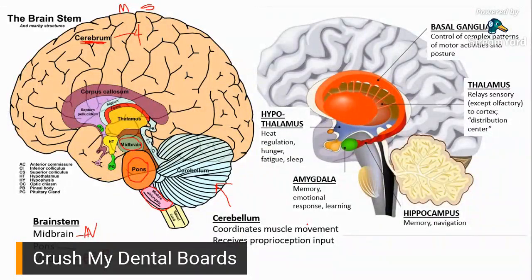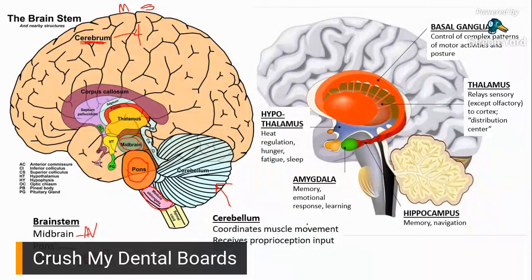It's also the one that receives proprioception input. Sinabi ko na to before. Ano ibig sabihin ng proprioception? Proprioception is knowing where your body parts are at a certain point in time.